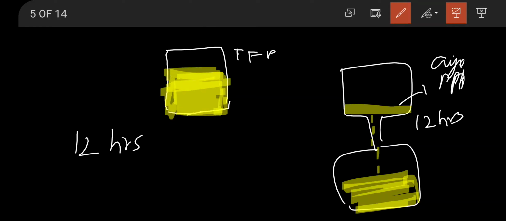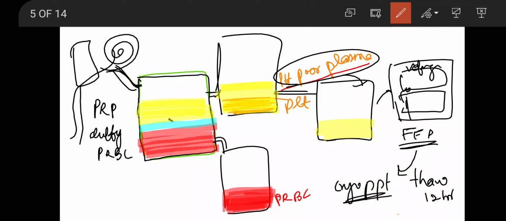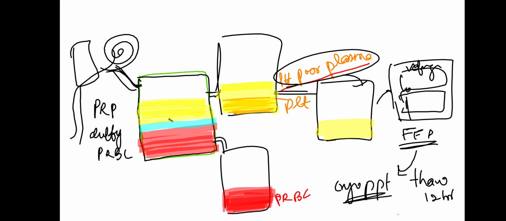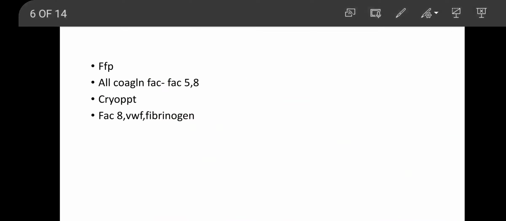But what are the components that you can have inside this? Let us see that. So all coagulation factors minus factor 5 and 8 is fresh frozen plasma. Cryoprecipitate means it has factor 8, von Willebrand factor and fibrinogen.